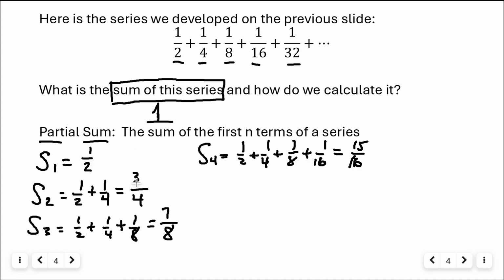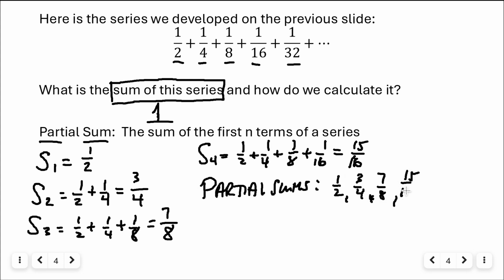Okay, so now here's what I'm going to do. All of these are partial sums. The first partial sum, the second partial sum, the third partial sum, the fourth partial sum. What I can do is make a list of partial sums. Here are my partial sums in a list: 1/2, 3/4, 7/8, 15/16.